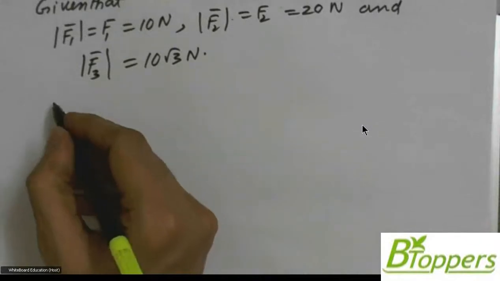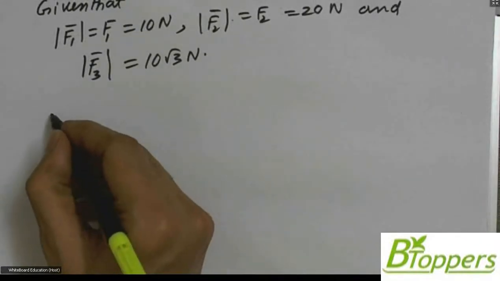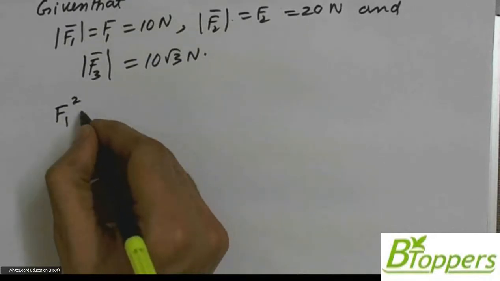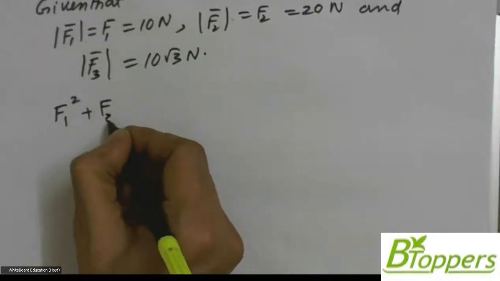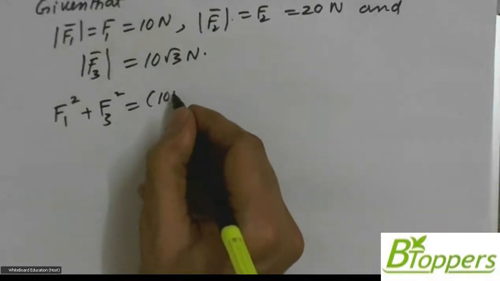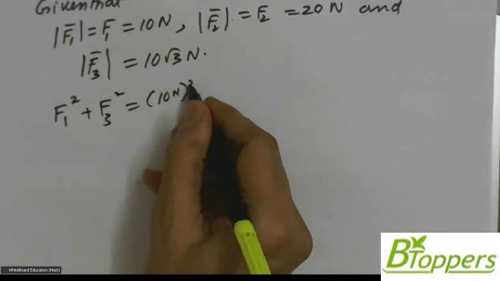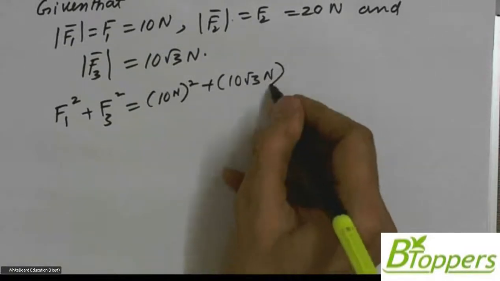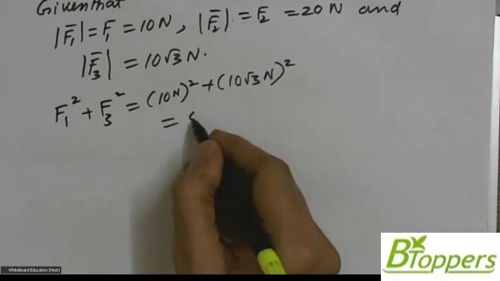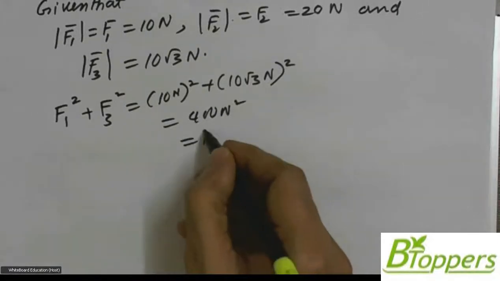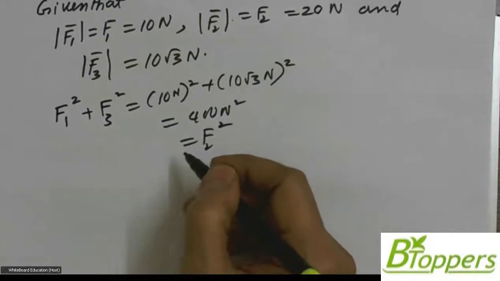You can add the squares of the smaller magnitudes F1 and F3. F1 square plus F3 square equal to 10 Newton square plus 10 root 3 Newton square. That comes out to be 400 Newton square, which is equal to F2 square.